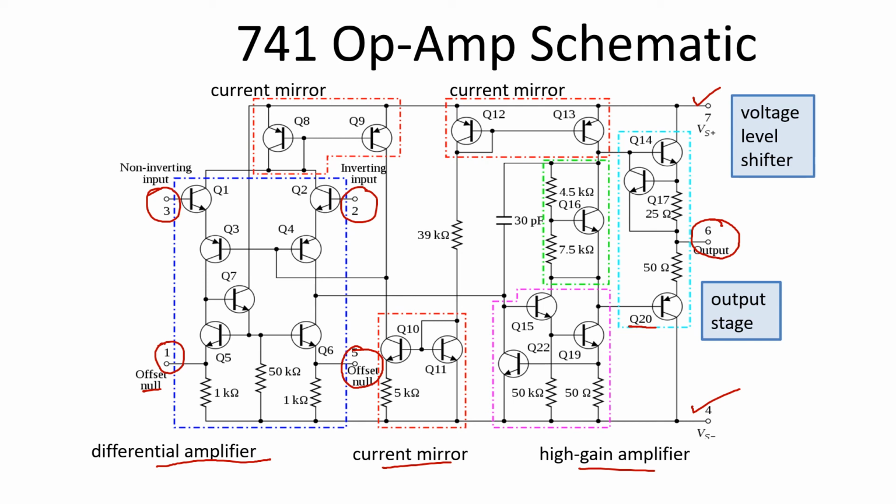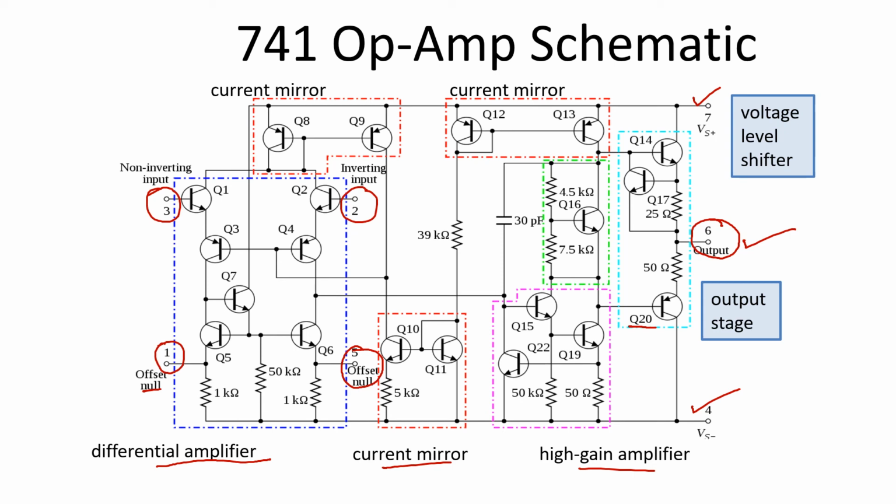The question again comes that if we have the same voltage at pin number 2 and pin number 3, why is there some output voltage? The reason is in this circuit.